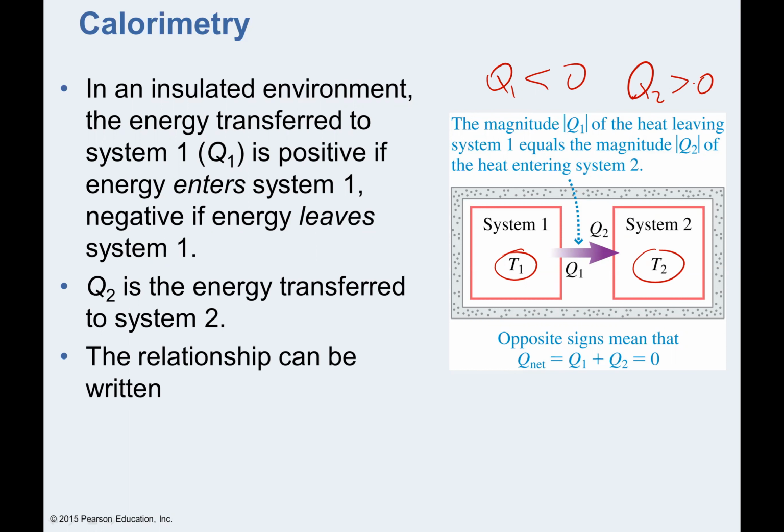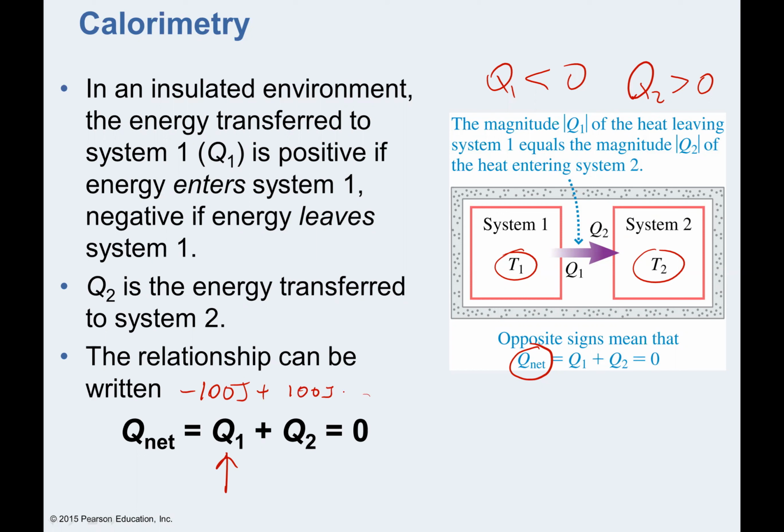One thing we can do here is calculate Q net. Q1 plus Q2 will always be 0, because Q1 represents how much was lost by system 1. Let's say system 1 lost 100 joules, so negative 100. Q2 represents how much was gained by system 2. System 1 lost 100 joules, and system 2 gained 100 joules.